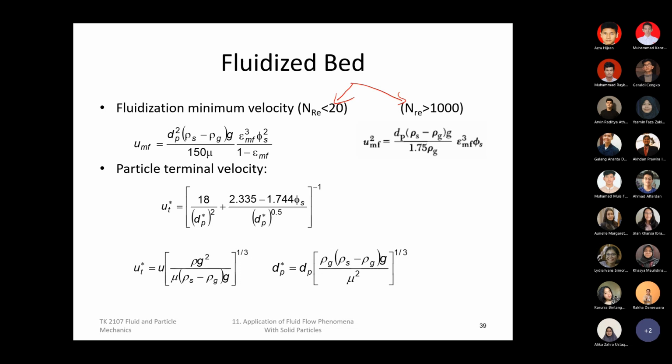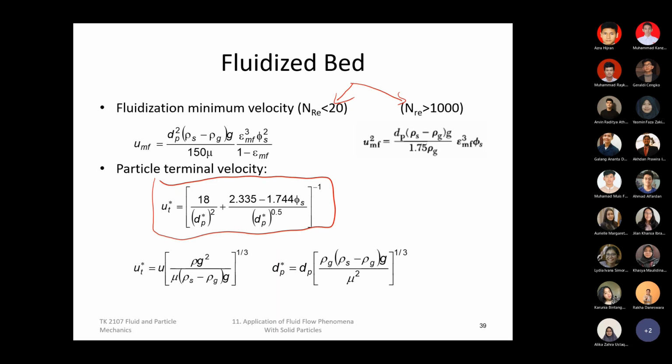Okay, so particle terminal velocity, we talked about 4 different regimes: Reynolds less than 0.2, then 2 up until 500, 500 to a couple thousand, and to 100,000. Each will have a different drag coefficient, right?